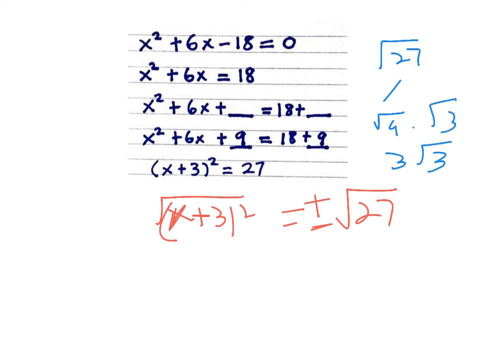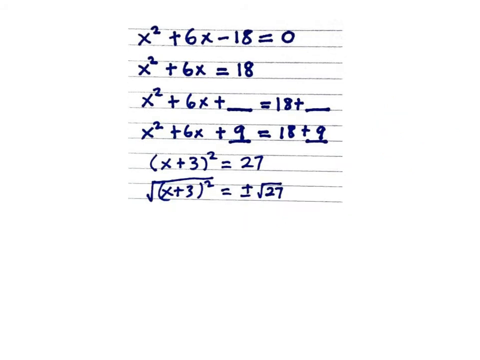I think you should remember that. So after we take the square root, it's x plus 3 equals plus or minus 3 root 3. That's what we're really doing.